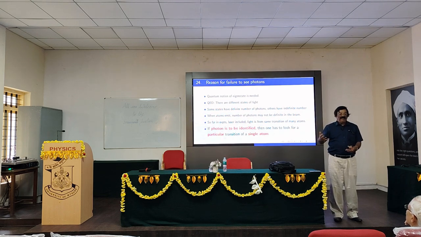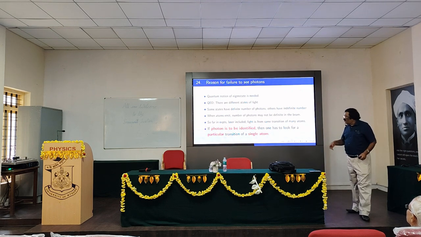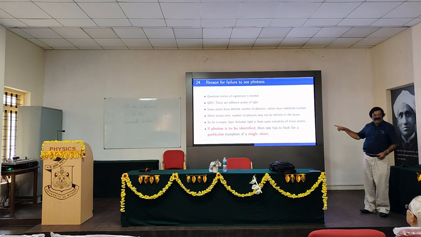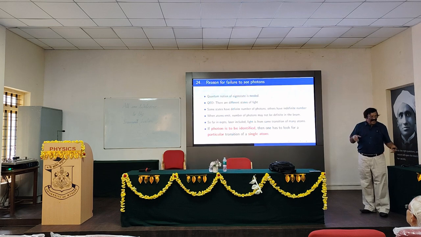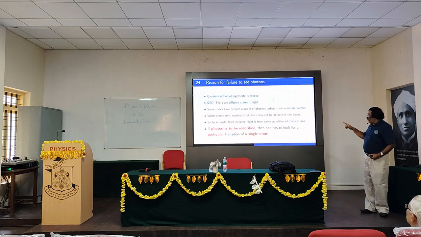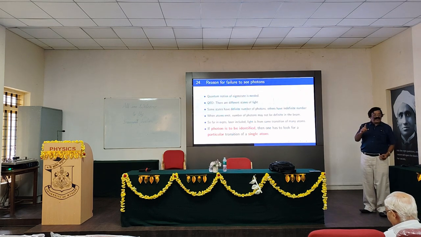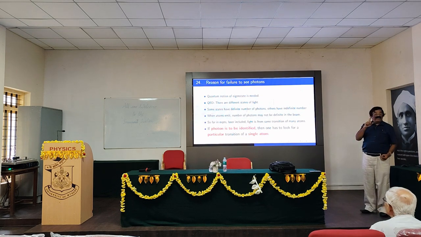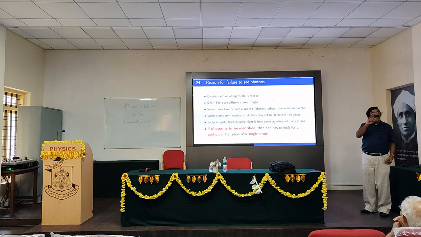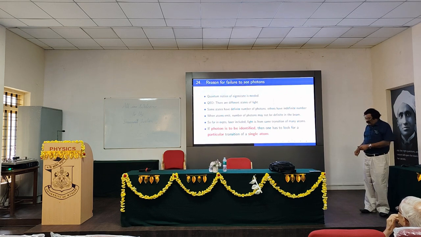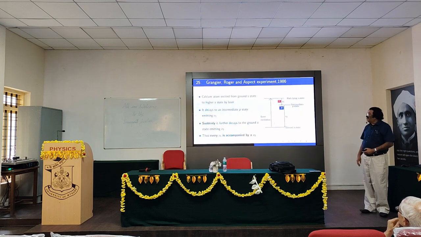We get a beam and we send that beam to two detectors. So if photon is to be identified, one has to look for a particular transition of a single atom. Then you should check whether that particular transition shows wave or particle nature. So that is the final conclusion of all this discussion.